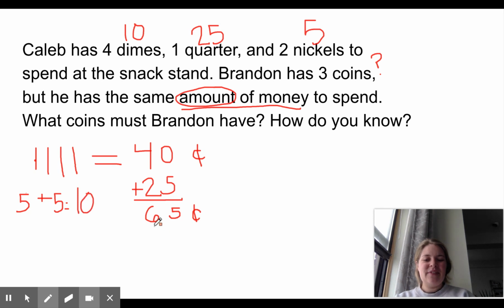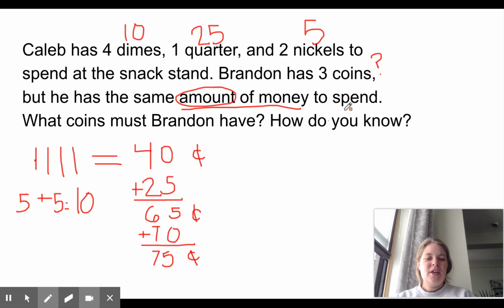So 65 plus 10 is, any ideas? We're just adding a 10 to it. It's 75 cents. Good work. So Brandon has 3 coins that equal 75 cents. He only has 3 coins.